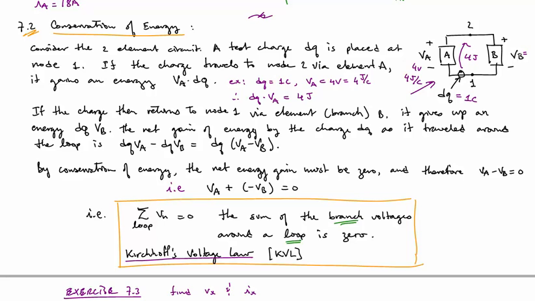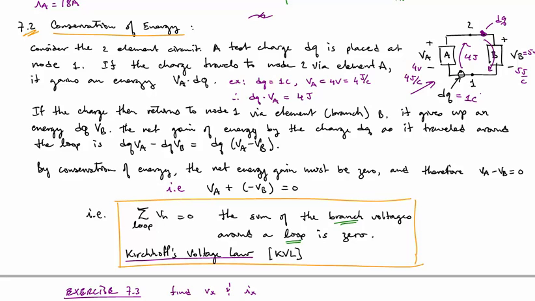If we said, well, hey, I think that VB is 5 volts, 5 joules per coulomb. Well, that's handy, because now if we have that test charge dq up here, 1 coulomb, and now it comes back down to where it started from, because it now traversed a branch that actually had 5 volts across it, that 1 coulomb could actually do 5 joules of work.